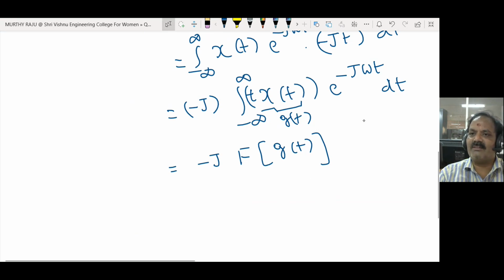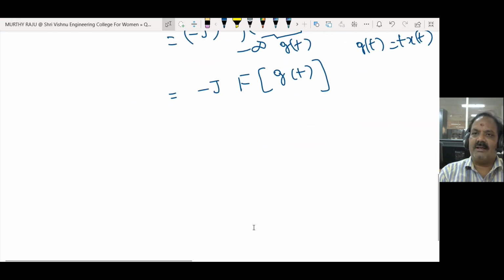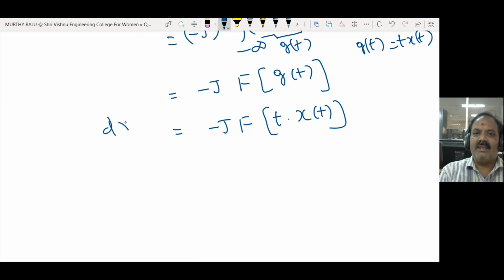We know that g of t is equal to t into x of t. Put t into x of t in place of g of t: minus j Fourier transform of t into x of t. Here it is d X of omega by d omega.